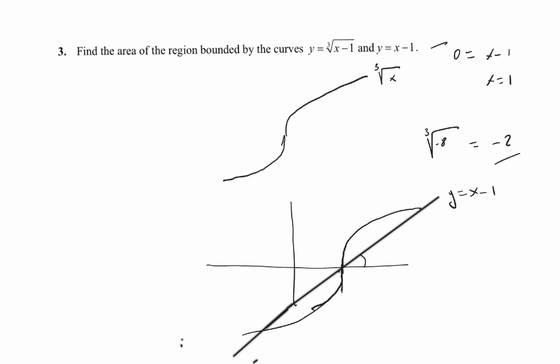It says find the area bounded by the two curves. What is the area? It refers to this area, these two pieces. This area is a positive area.